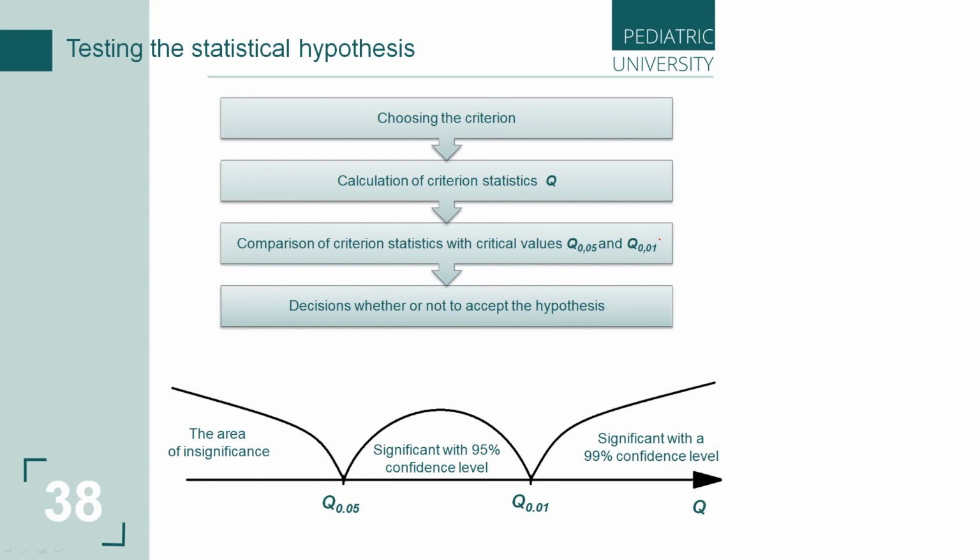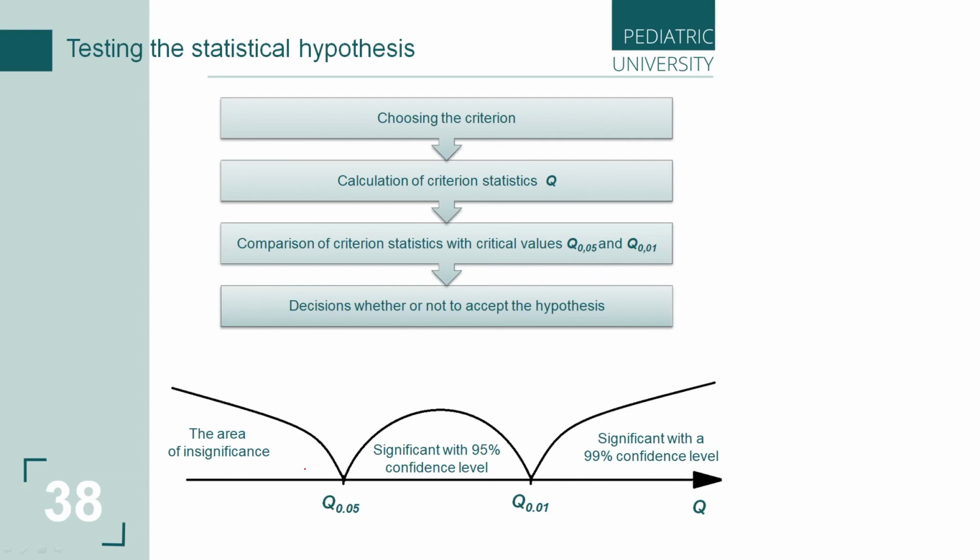We label these critical values and compare our control value Q, which we calculated according to a certain rule for a certain criterion. If it is in the area on the left, we have no reason to reject the null hypothesis. This is the area of insignificance. So, if the control value is less than the critical value, then we accept the null hypothesis.